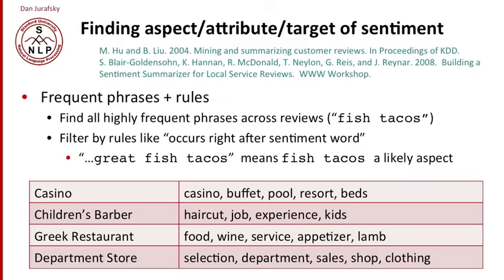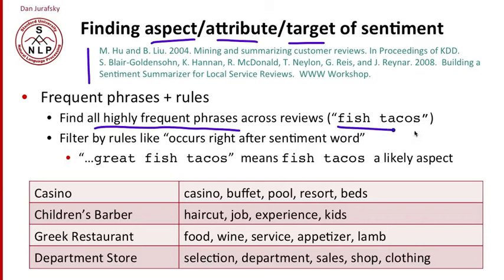So how are we going to find the aspect or attribute, or sometimes it's called target, of a sentiment? I'll show you a way of doing things that was developed both by Hu and Liu and by Blair-Goldensohn et al. The idea is we first look through all the reviews and we find every highly frequent phrase.